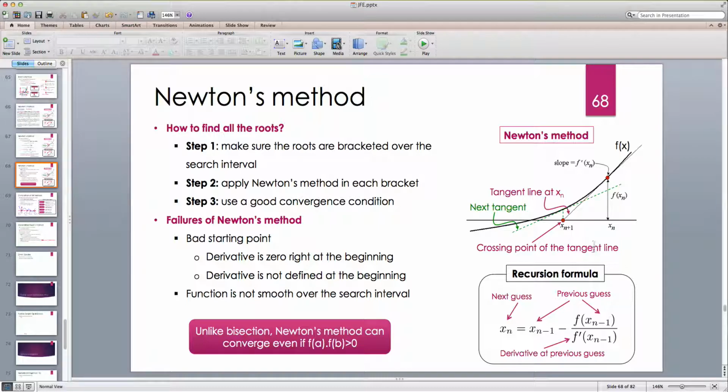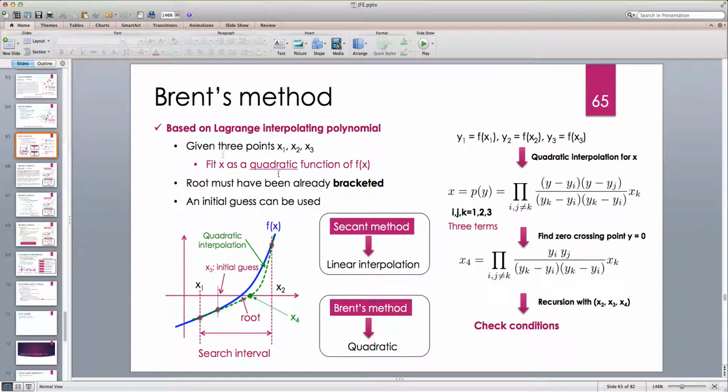If you recall, in Brent we used a quadratic function for interpolating. Now some implementations of Brent's method may use a hyperbolic function to do the interpolation. You don't need to just use a quadratic polynomial.